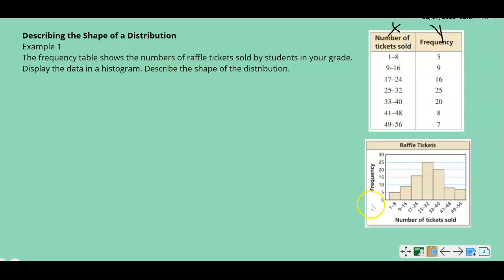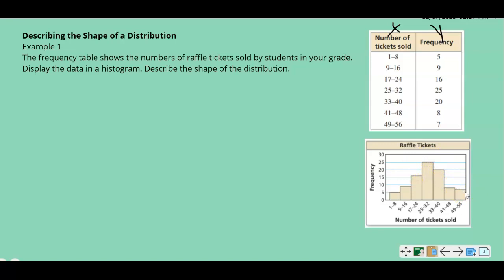And then it says describe the shape of the distribution. Well, if you look at this distribution based on what we looked at in the key ideas, this to me looks kind of like a uniform shape. This one's just a little bit lower, but overall the biggest is in the middle and it kind of goes up and back down, kind of shows symmetry.